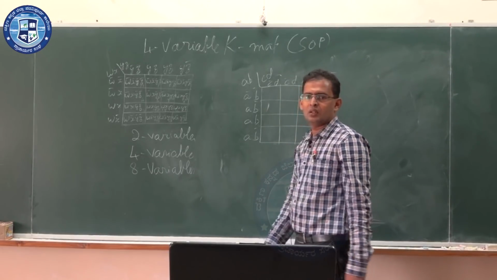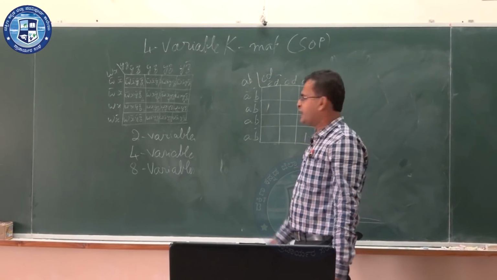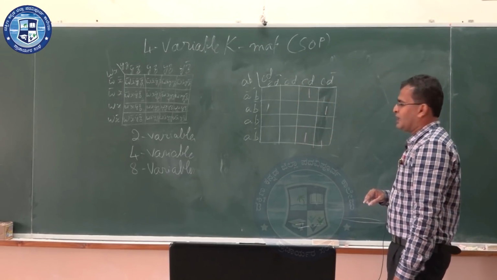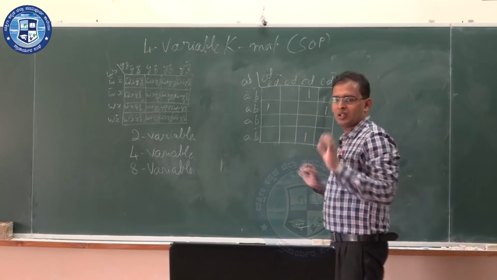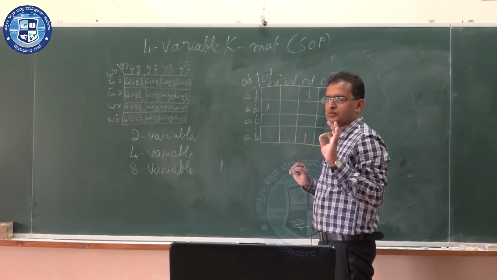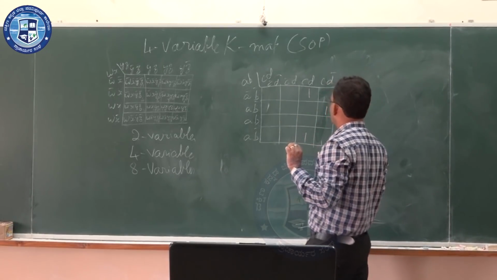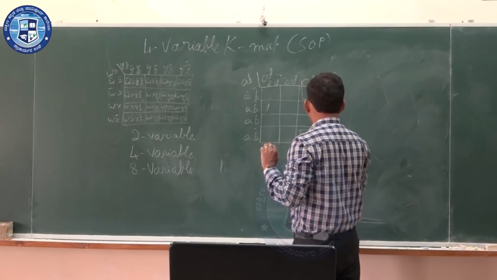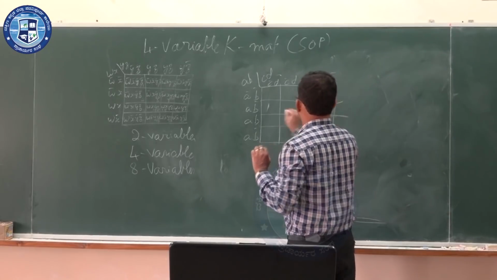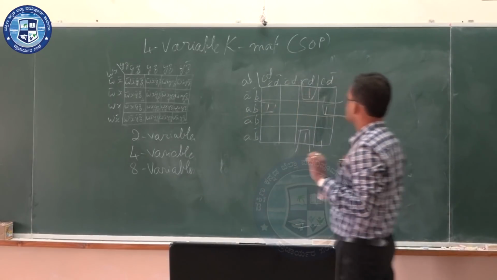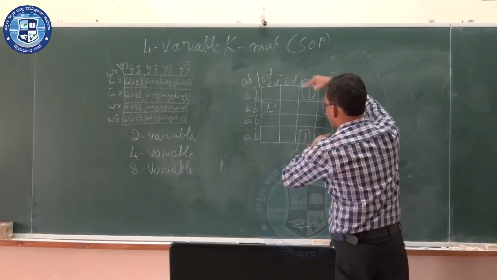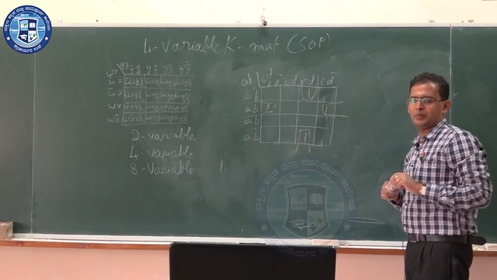This is the map. I cannot pair anywhere, but I can roll the map and I can pair it, that is this way, this way. These two become a pair and these two become a pair when I roll the map.